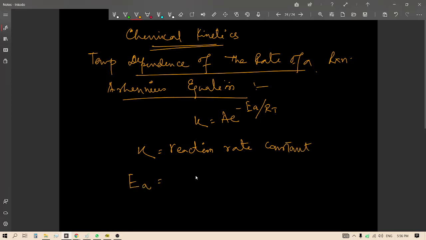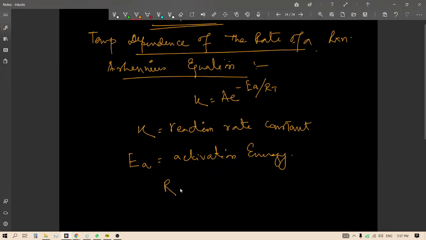What is Ea? Ea is called activation energy. What is R? R is the gas constant. And what is T? T is temperature in Kelvin.